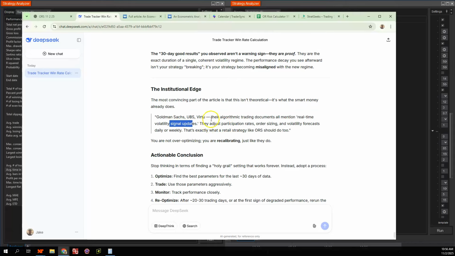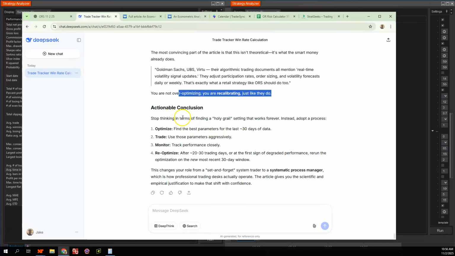They adjust participation rates, order sizing, and volatility forecasts daily or weekly. That's exactly what a retail strategy like ORS should do. So at the end of every week, I'm going to be tweaking stuff, just to see. I used to be so against that, and I think I'm just trying to be more open-minded. You're not over-optimizing, you are recalibrating just like they do.